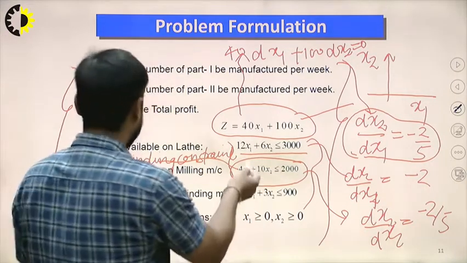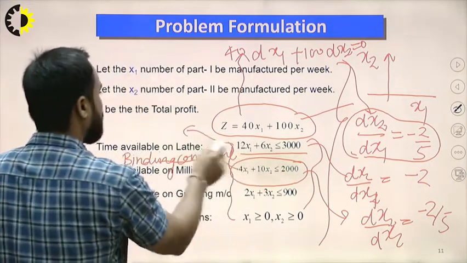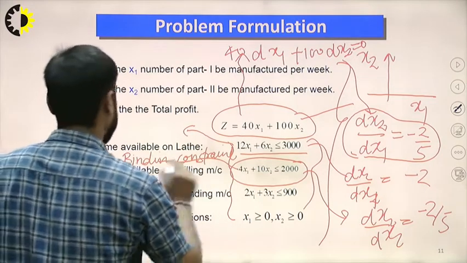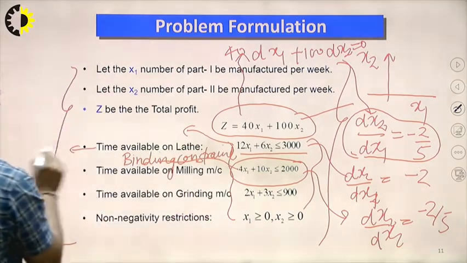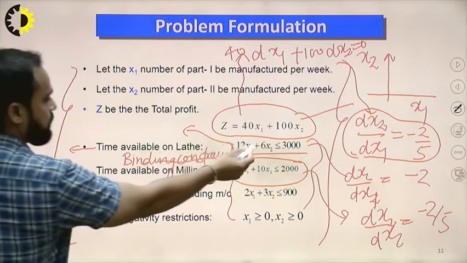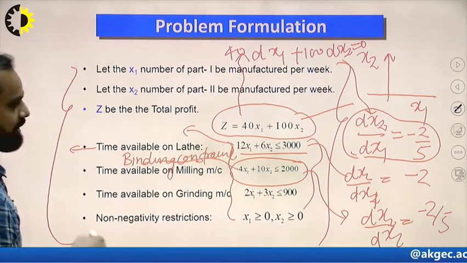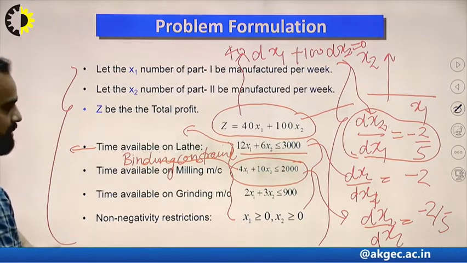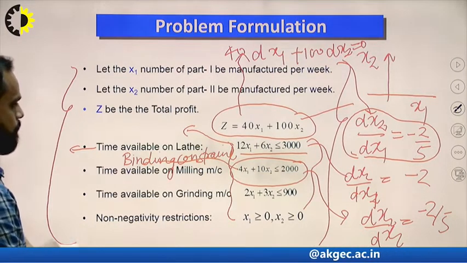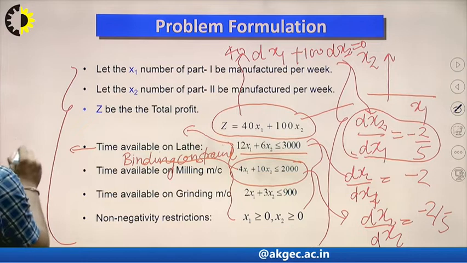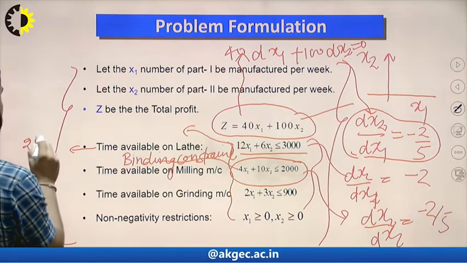Easily we can write the coordinates. What are the coordinates of equation 1? If I put x2 equal to 0, x1 will be 3000 upon 12, which is 250. So the coordinate is 250.